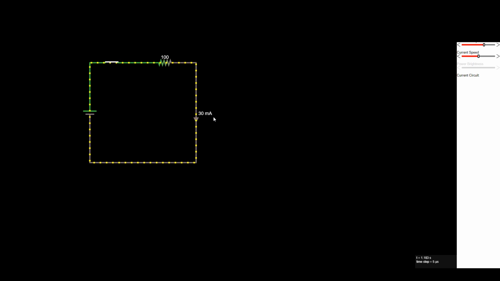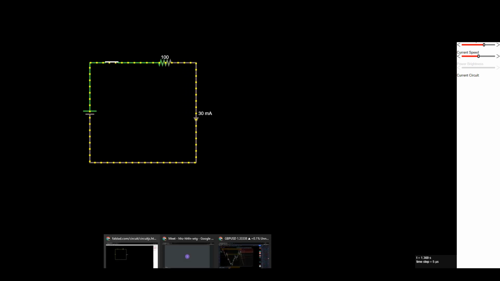To calculate it theoretically, V = IR, so to find the current we take voltage divided by resistance. 3 divided by 100 is 0.03 ampere, and converting it to milliampere, that is 30 milliampere.